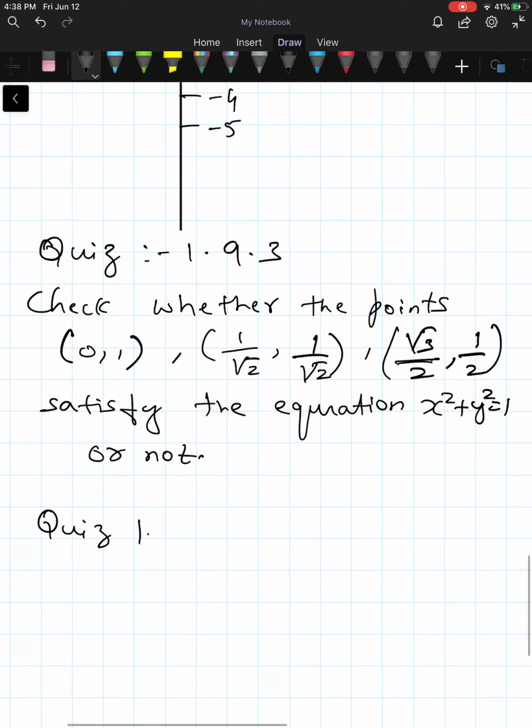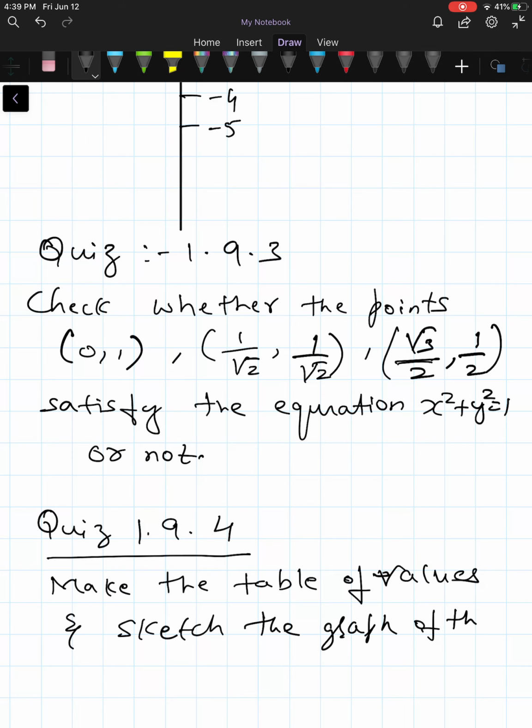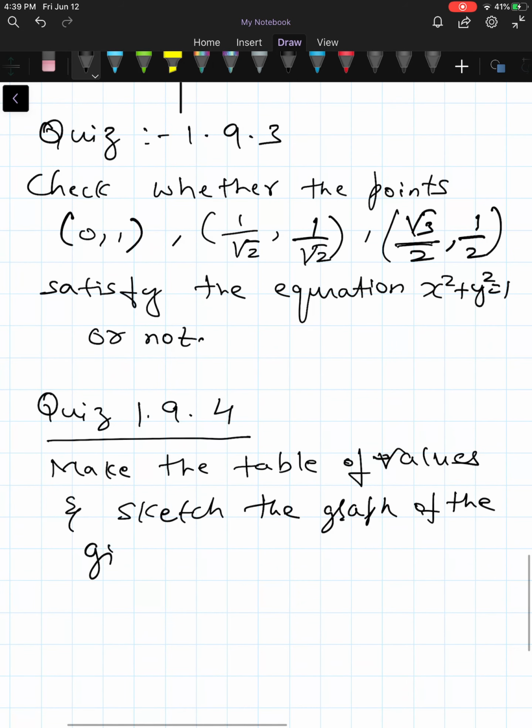So next, your quiz 1.9.4. Make the table of values and sketch the graph of the given equations.